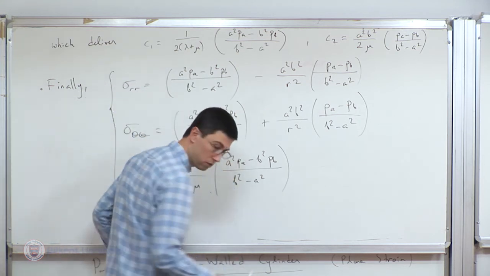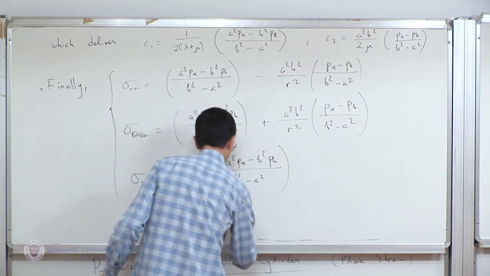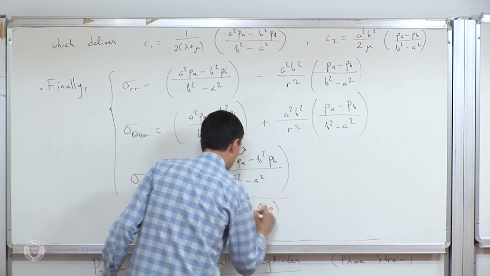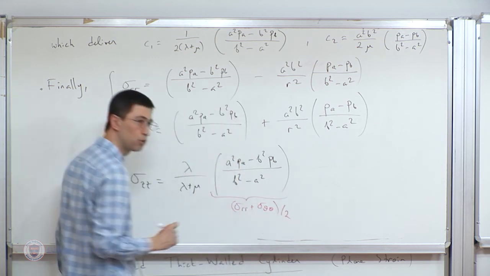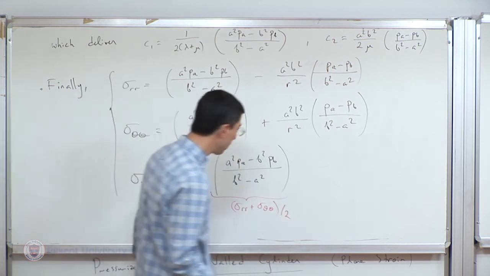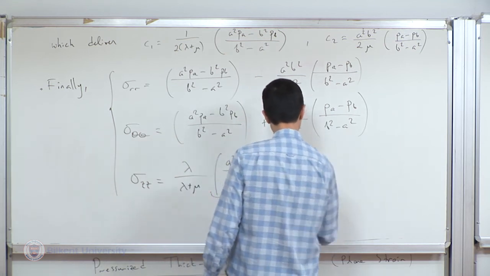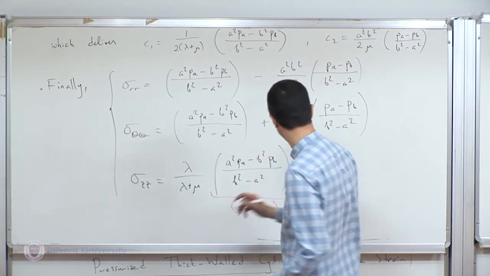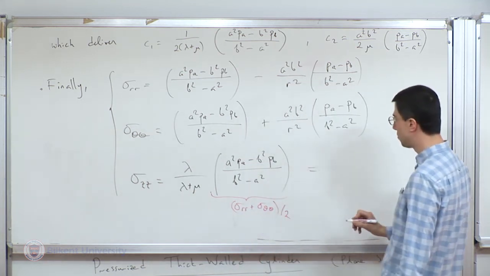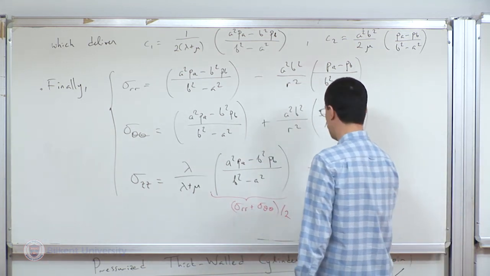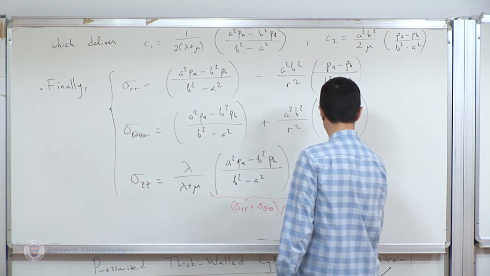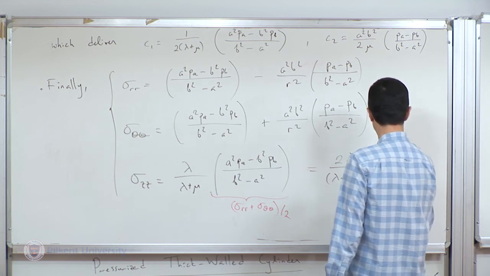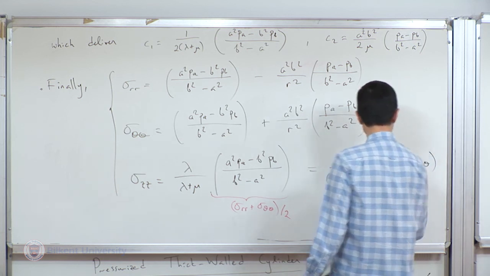So this is nothing but sigma RR plus sigma theta theta divided by 2. In other words, this thing here is equal to, let's not make everything red, it looks very aggressive, 2 lambda over lambda plus mu times sigma RR plus sigma theta theta.